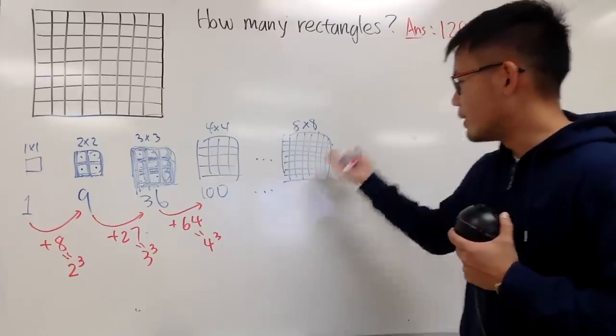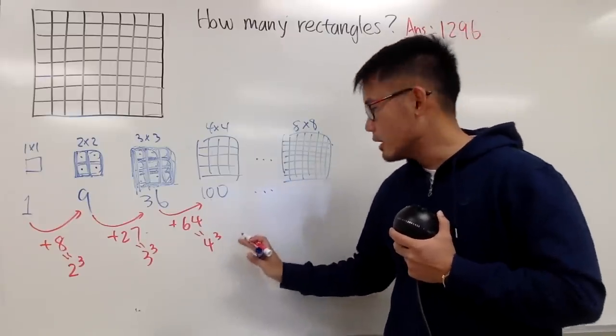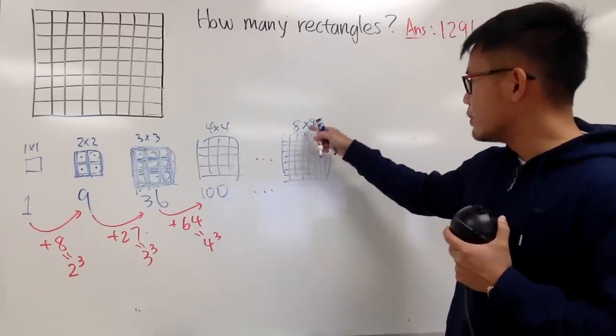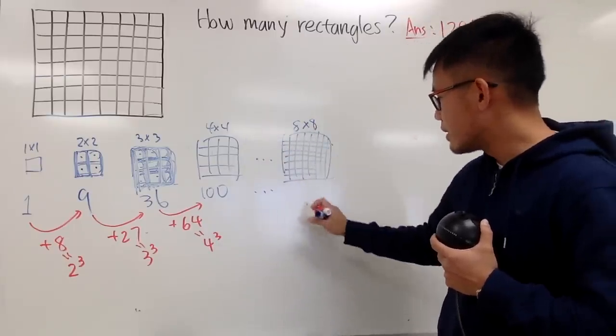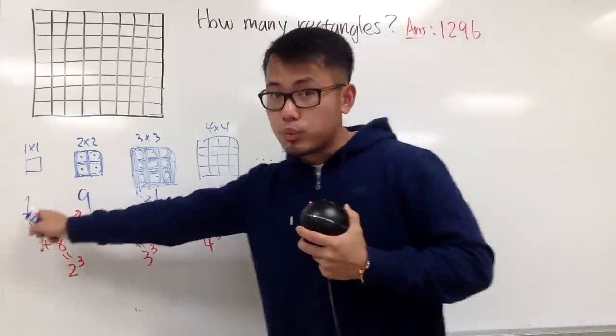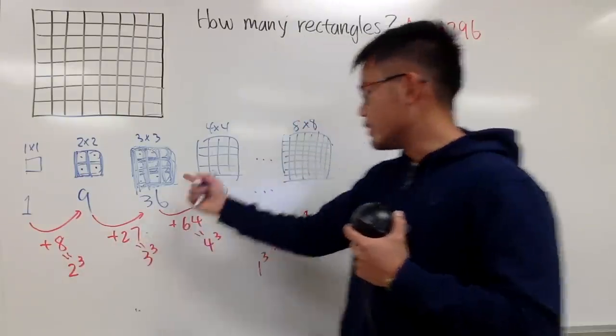So I wanted to know what this is. Well, the next one is going to be plus 5 to the third power, right? So once we get to the 8x8 situation, this right here, it should be 1 to the third power because that's 1, right? And then every time you just do 2 to the third power, 3 to the third power, and so on.